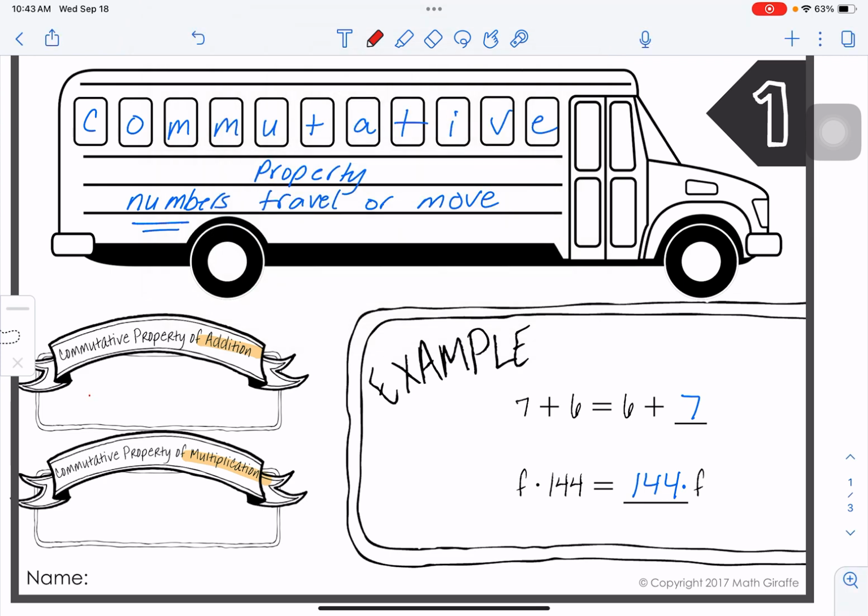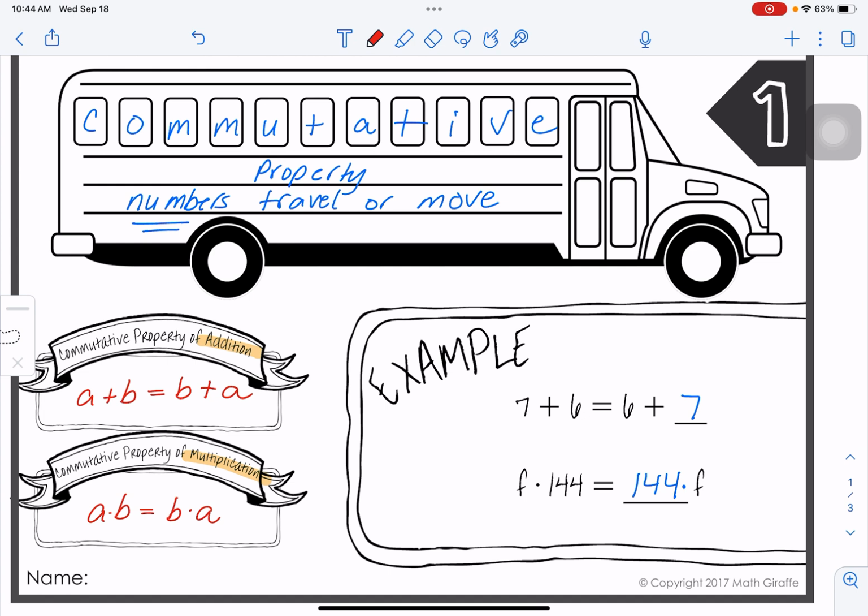That just means you're adding two numbers like a plus b, and you're going to get the same thing if you flip it around and do b plus a. Whereas if you are multiplying two numbers, a times b, you're going to get the same answer as if you do b times a. They call that the commutative property of multiplication.